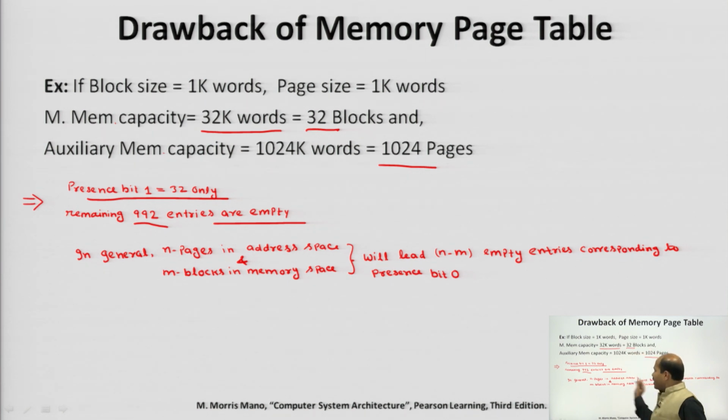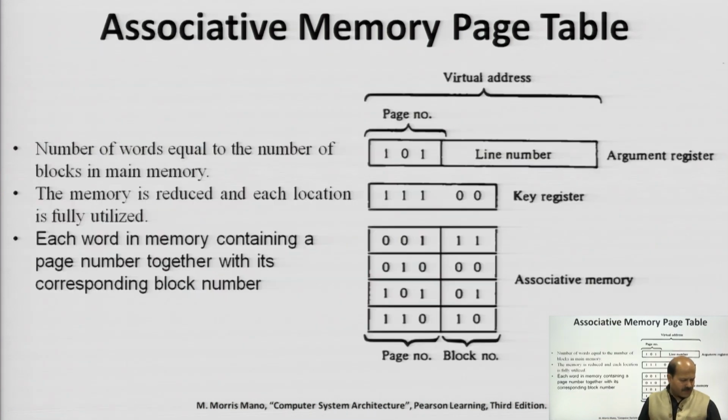So we have to avoid this using the associative memory page table concept. This concept is used for an efficient mapping scheme, to utilize the memory space fully and efficiently in the page table.